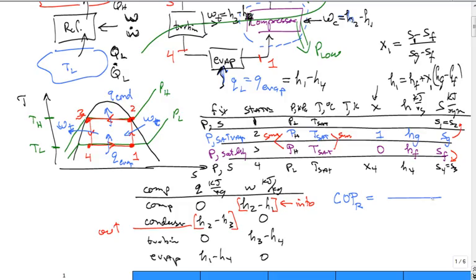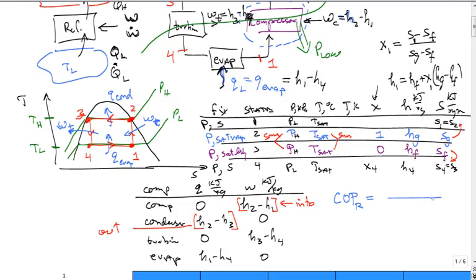And so you put a COP with the subscript R, and that's the coefficient of performance for the refrigeration cycle. It's what you want, what you desire, over what you had to provide or pay for. What do you desire for a good refrigeration system? What do you want?